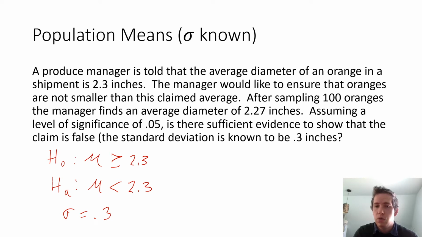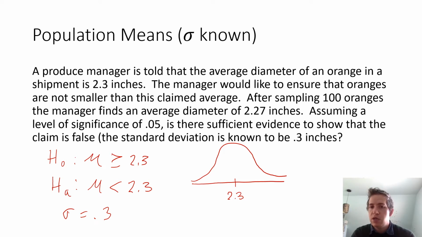So here's what we're going to do. We're going to say, okay, we have this normal distribution of sample means. The sample means we would expect based on the claim that it's 2.3 inches should be sitting with 2.3 in the center, and then it should spread out with the standard deviation of the sample means.